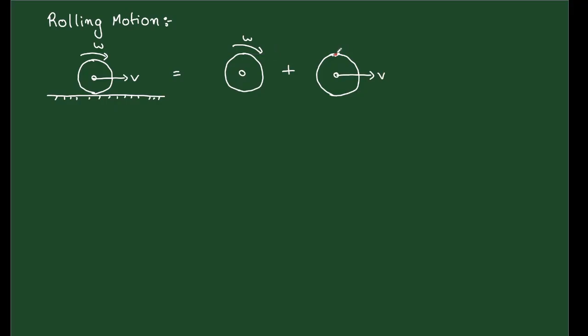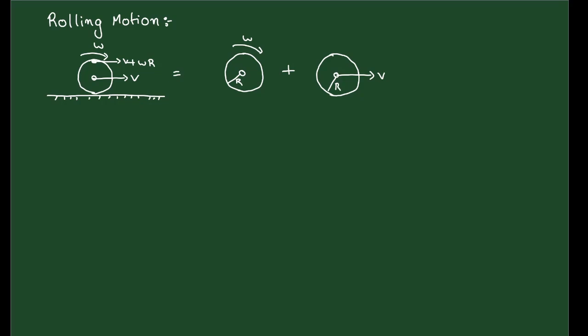And due to pure translation, it is nothing but v. So the total velocity at this point would be v plus omega r, where r is the radius of the wheel.